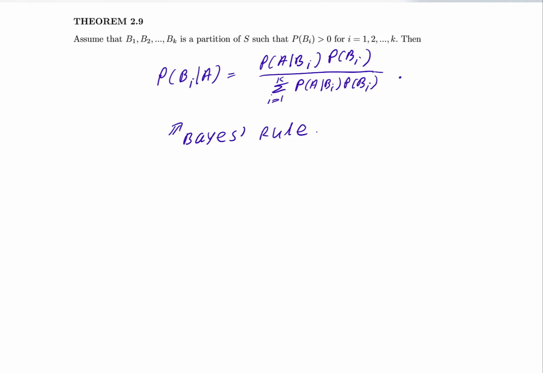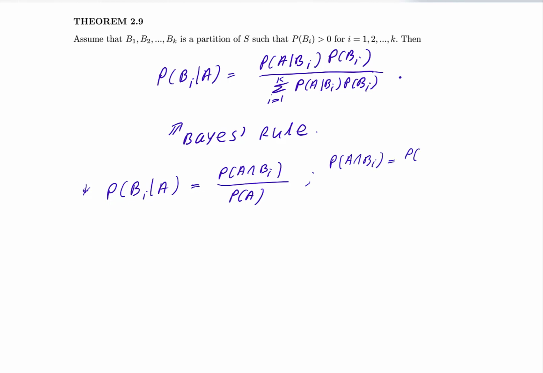So this is very clear. Let me explain this. We know P(Bi given A) equals P(A and Bi) divided by P(A), right? But P(A and Bi) can be written as P(A given Bi) times P(Bi) using the multiplicative law, right?